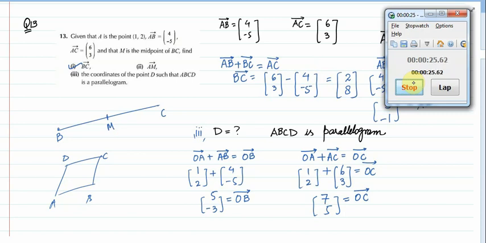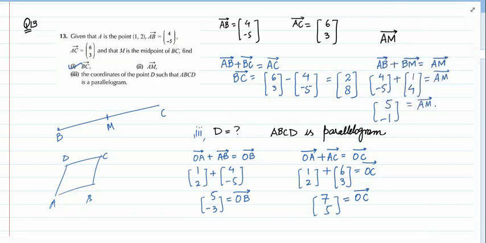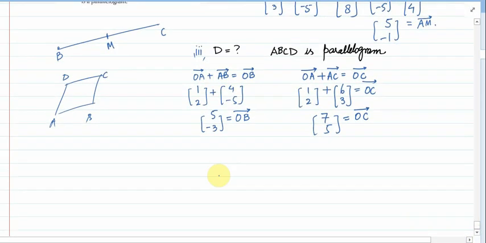If I tell you the path, it will be OD plus DC is equal to OC. And with that condition, you can find out the coordinates of D. I need to find OD here, so I will make OD the subject, and that is equal to OC minus DC.